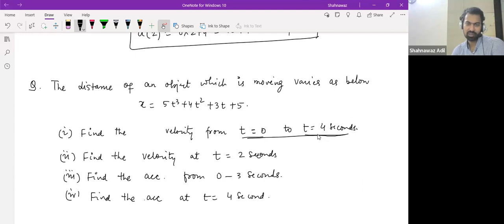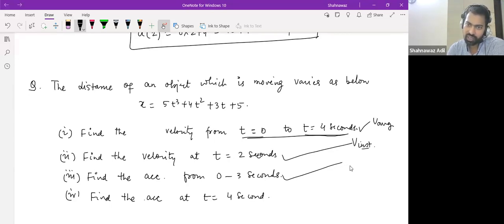In this question we will calculate average velocity, and in this question we will calculate instantaneous velocity. In this question we will calculate average acceleration, and in this question we will calculate the instantaneous acceleration. Right, guys?